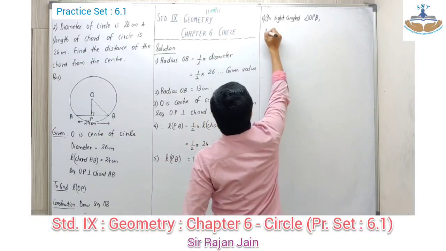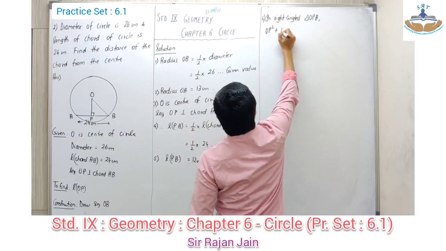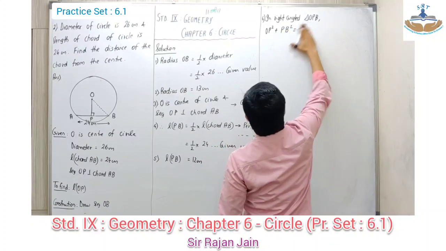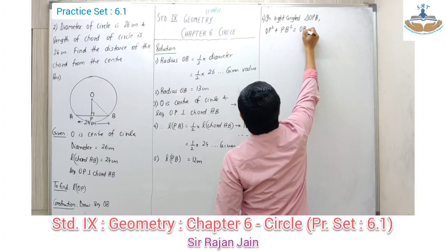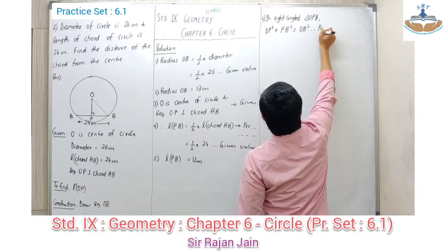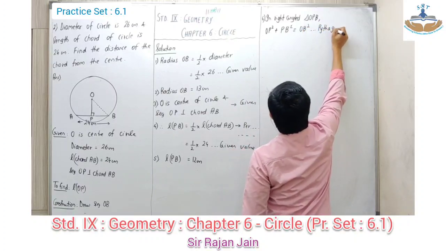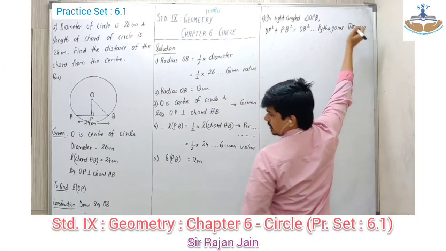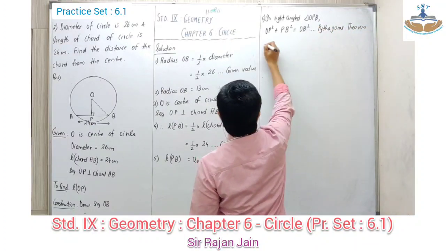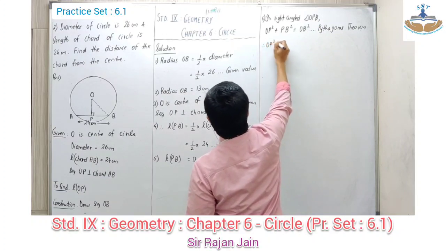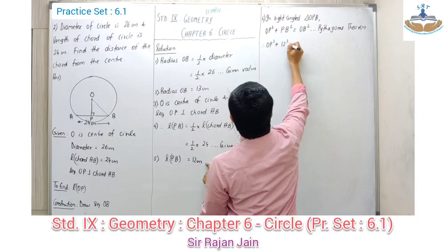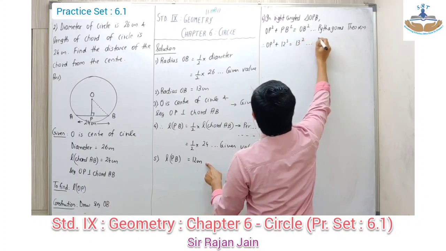So I write OP square plus PB square is equal to OB square. Reason: Pythagoras theorem. Okay. Now OP we don't know. PB we got it as 12, so 12 square, and OB we got it as 13.